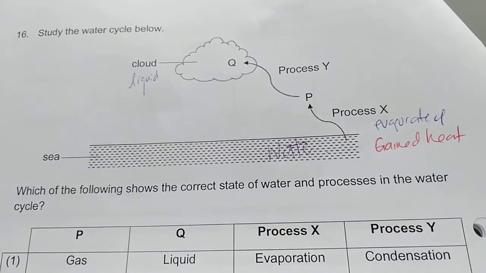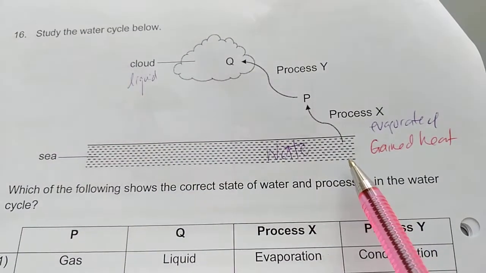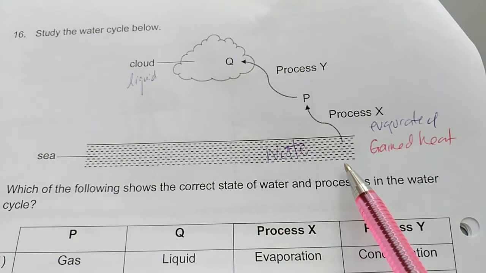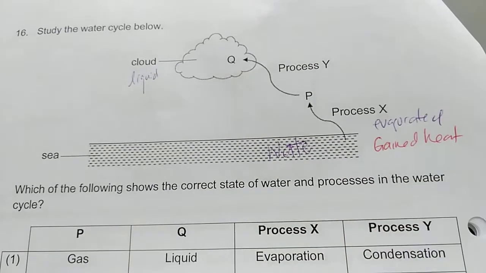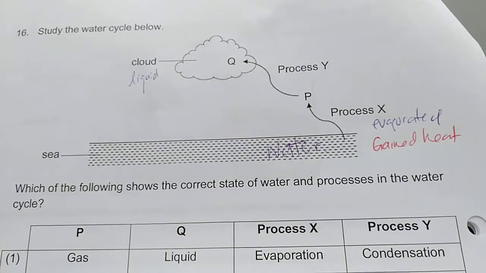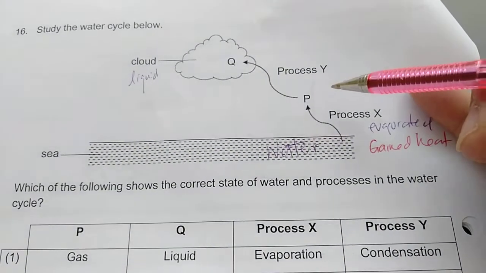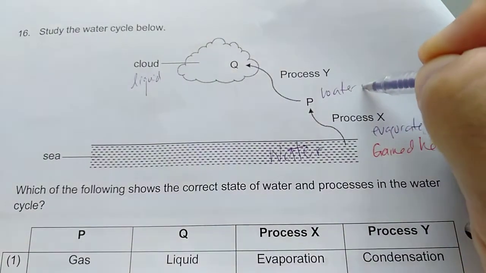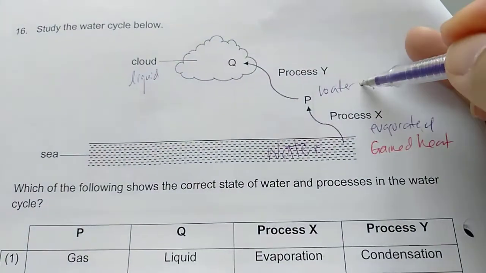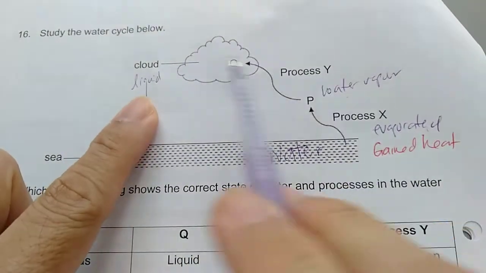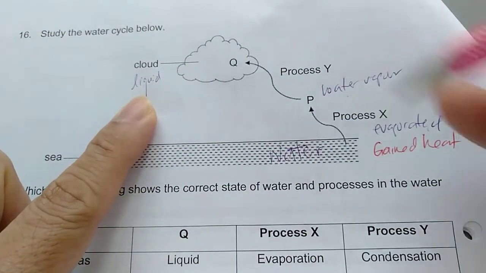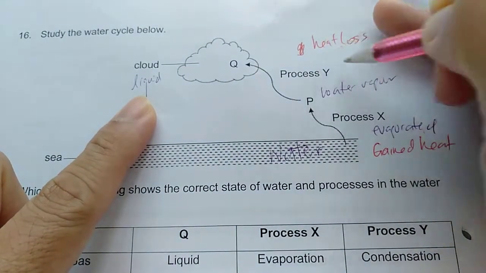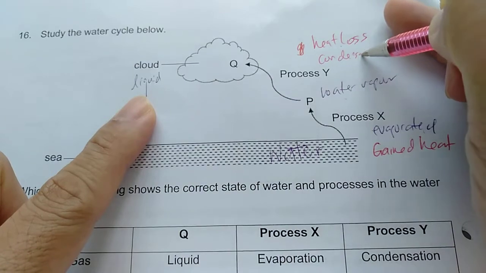That's the purpose of the sun, to allow heat to be sent over from the sun to the earth, and when water gains heat, it will evaporate. And the water evaporates into what? Into water vapor. And when water vapor turns into liquid, it's a process where heat is lost, and this process is called condensation.